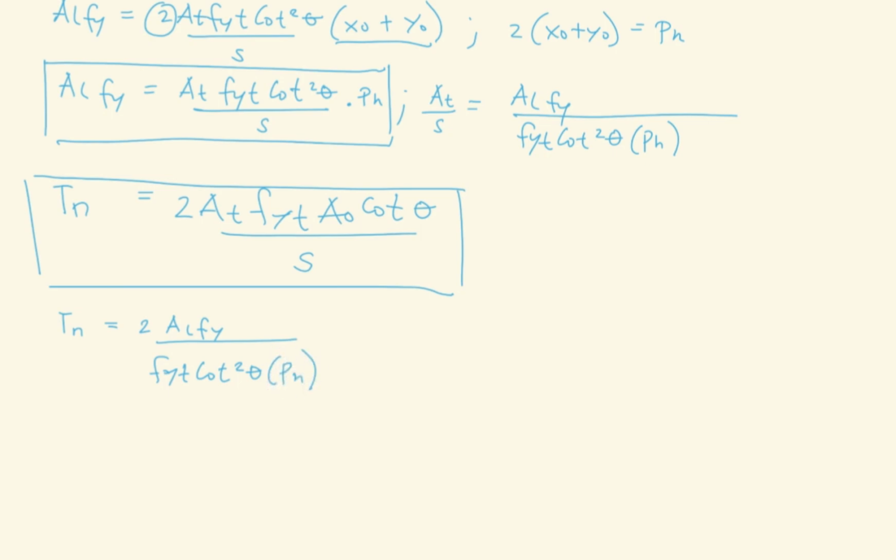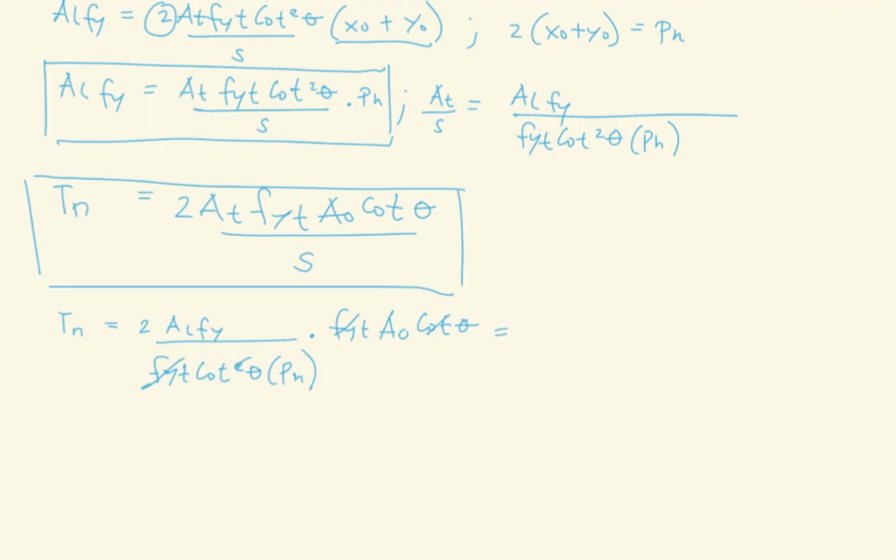This is multiplied by fyt A sub o cotangent theta. So fyt will cancel out as well as cotangent.